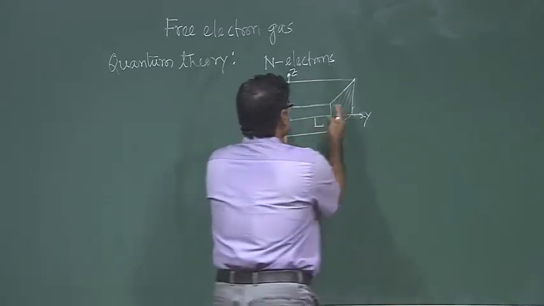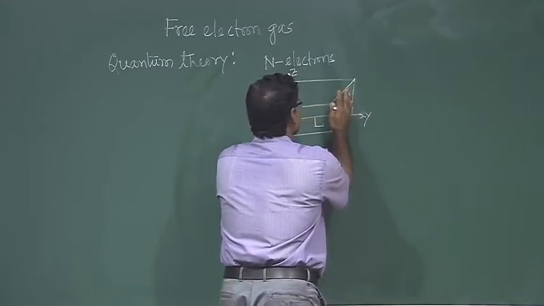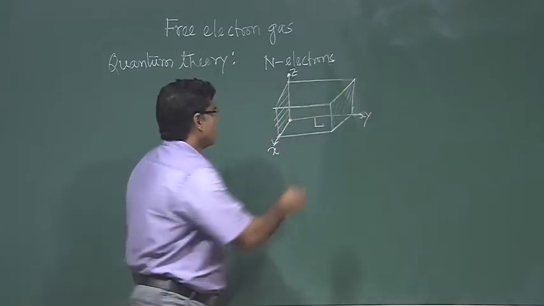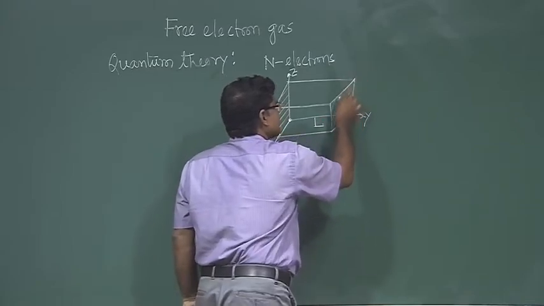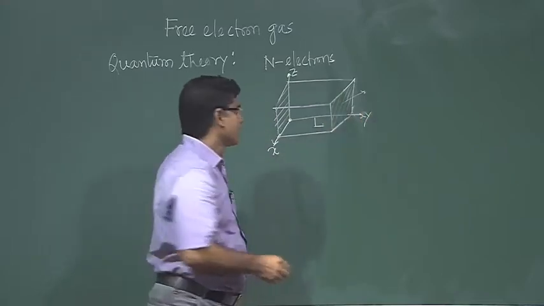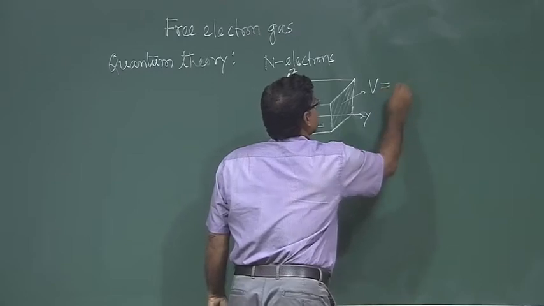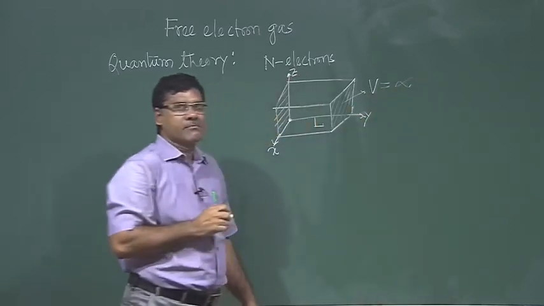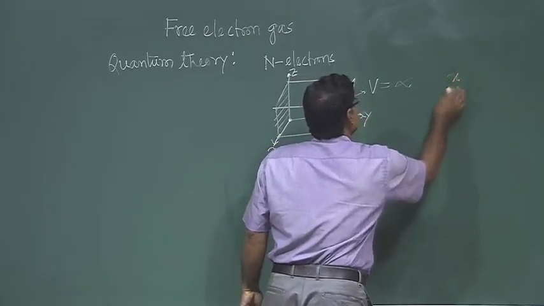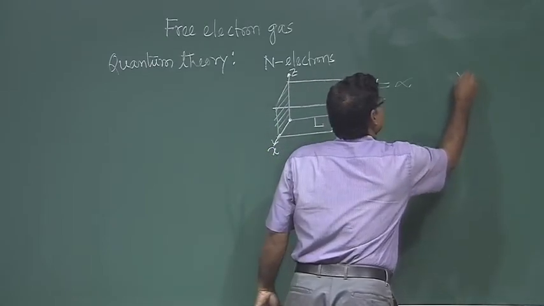Along the y direction, these are the two surfaces, and the electron cannot leave them. On the surface and outside, the potential is very high, infinity.